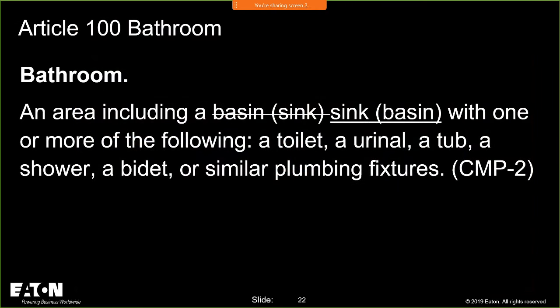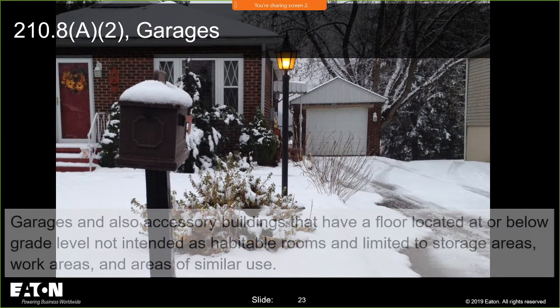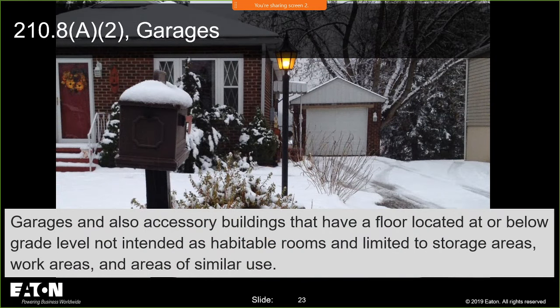Bathrooms. Let's think about bathrooms. We made a very minor change. We reversed it. We argued about this one for at least 20 minutes. Basin and sink. We changed it to sink and basin. No big change there. Garages. We didn't make a change there, but again, garages and accessory buildings have to have a floor at or above grade level, not intended as habitable rooms.